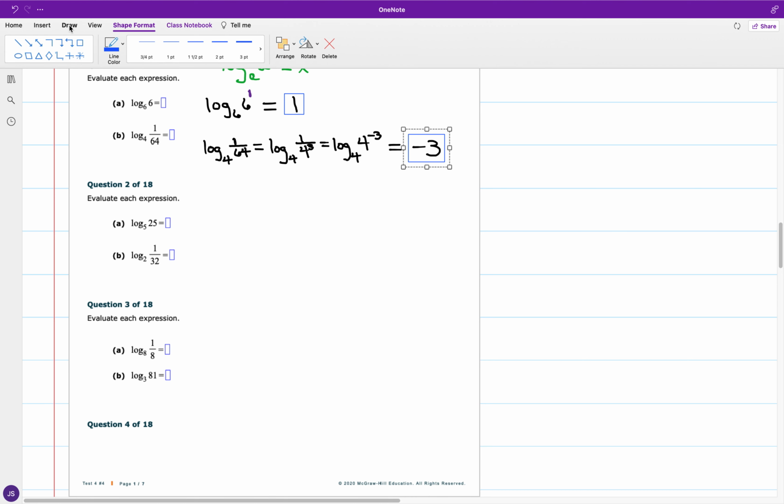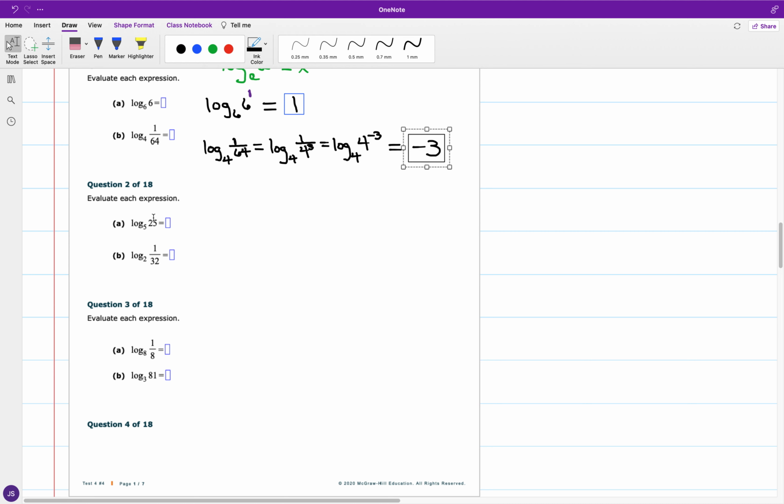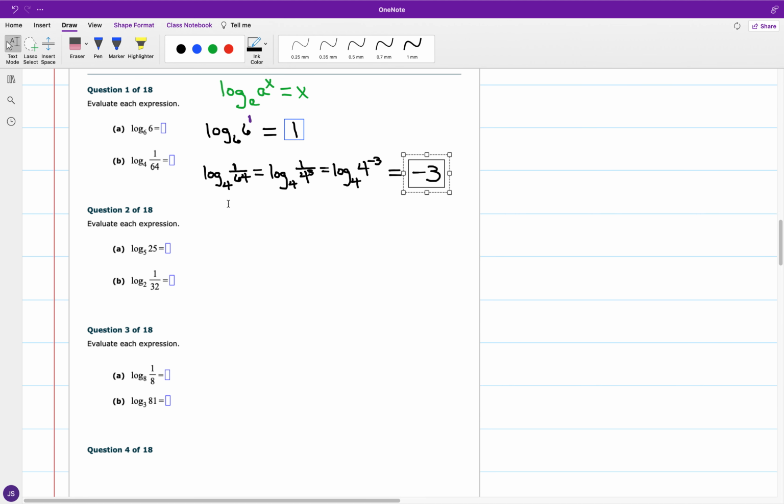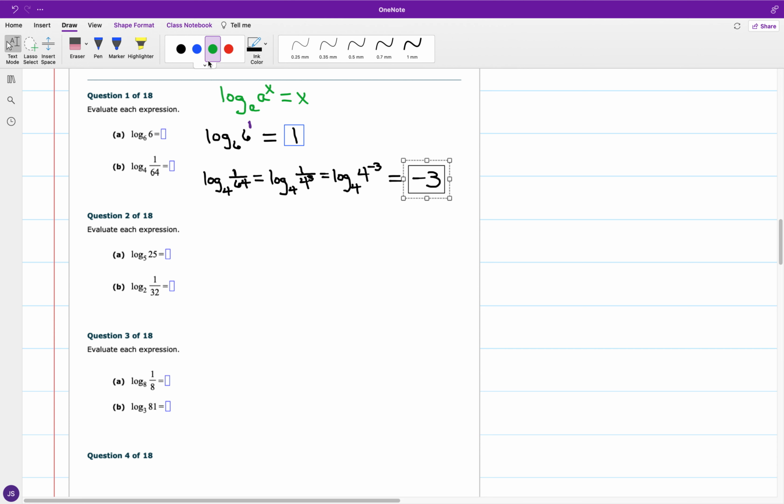Now for the next group, we're still evaluating expressions, and we're still reverting to the base a log of a to the x is equal to x. In the case of the base 5 logarithm of 25, 25 is both a multiple and an integer power of 5.